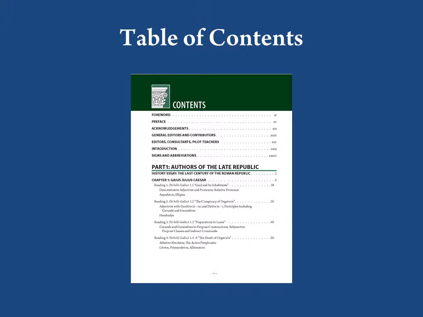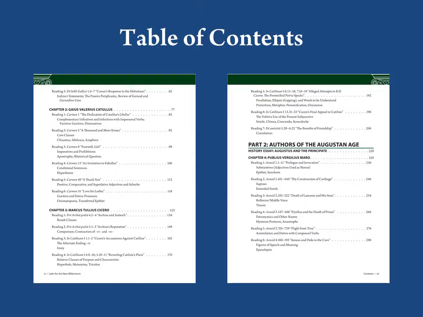Let's look quickly at the table of contents. The beginning of the text has 3 authors from the late Republic: Caesar, Catullus, and Cicero. The text then moves on to 3 authors from the Augustan age: Virgil, Horace, and Ovid.